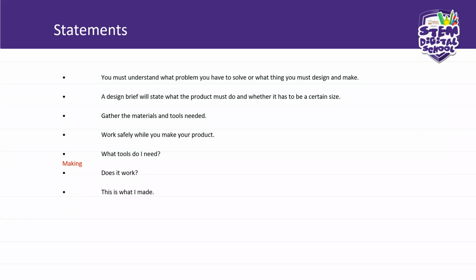Grade 7, are you with me? Mudiahi, you said it's design. What do others say? You must understand what problem you have to solve.